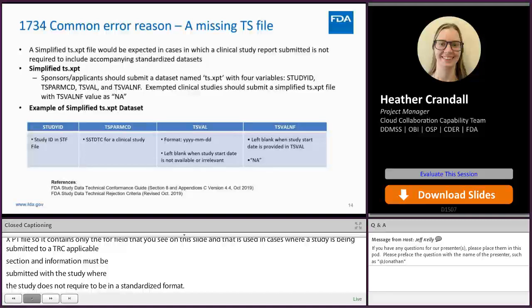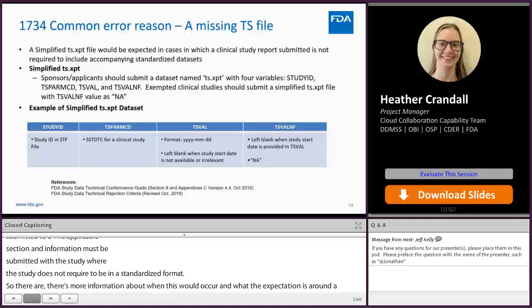But in general, the simplified TS contains 4 fields: the study ID, the TS PARM CD code for saying if it's a clinical or non-clinical study, and then the study start date filled out in the TS val field, or NA, standing for not applicable, filled out in the TS val NF field for circumstances where there is not a study start date available, or there are several other scenarios where a TS val NF would be valid to be used, and those are again highlighted in the TRC documentation as well as the Study Data Technical Conformance Guide.